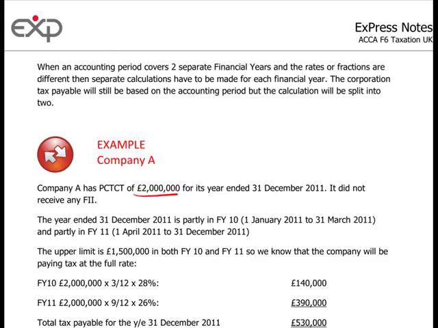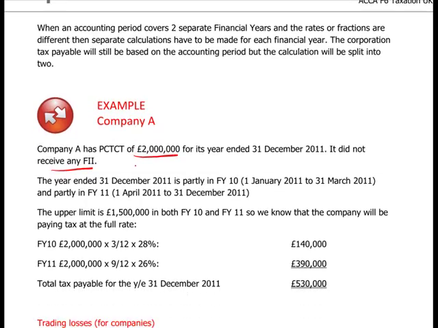2 million profits chargeable. It did not receive any FII, so profits chargeable is the same as profits. The year ended 31st December 2011 is partly in financial year 10, which is January 11 to 31st of March 11, and partly in financial year 11, which is from the 1st of April 11 to 31st December 2011.